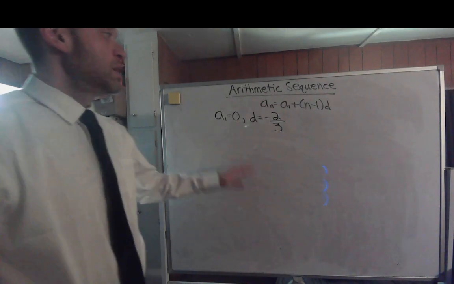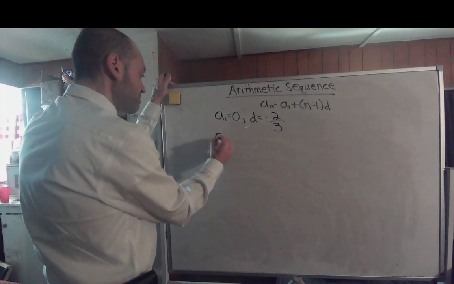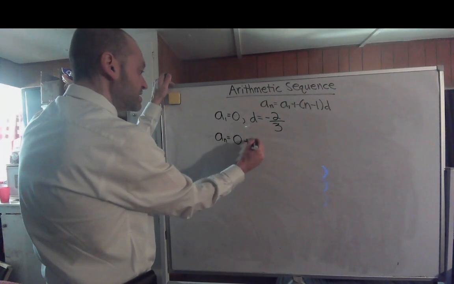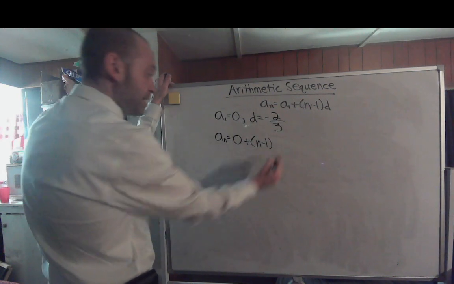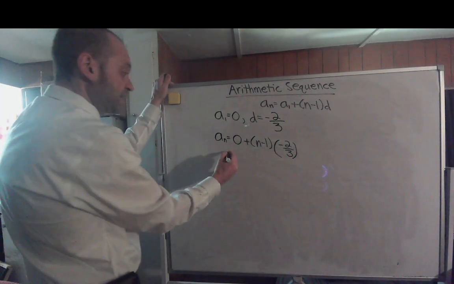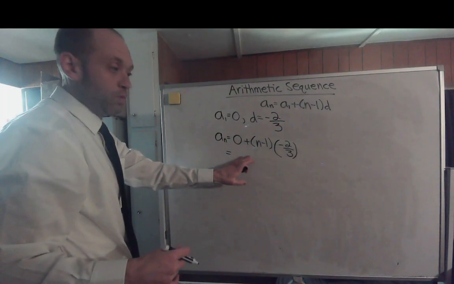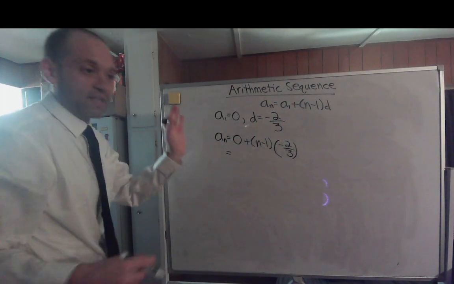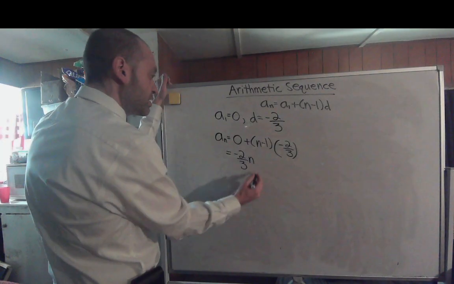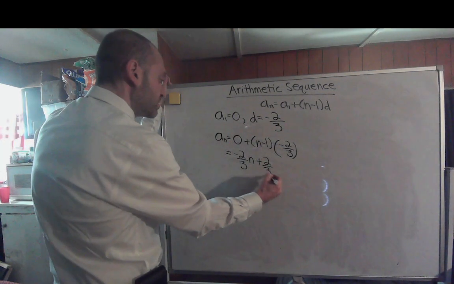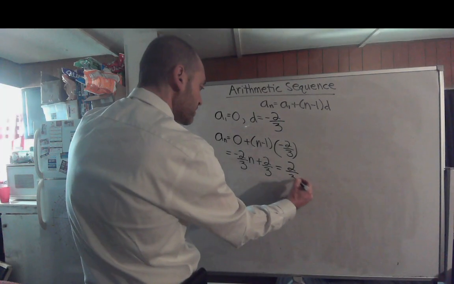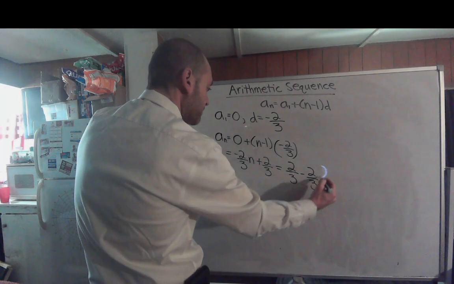Well, let's put that into the formula. So a sub n is going to equal my a sub 1, which is 0, plus n minus 1 times my common difference of negative 2/3. Well, we can simplify this. That 0 we don't even have to worry about, because 0 plus anything is that thing. So this will turn into negative 2/3 n plus 2/3, which you can leave that way, or you could write it as 2/3 minus 2/3 n, however you prefer to write it.